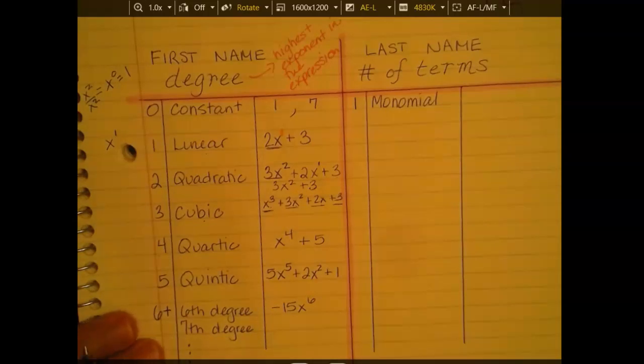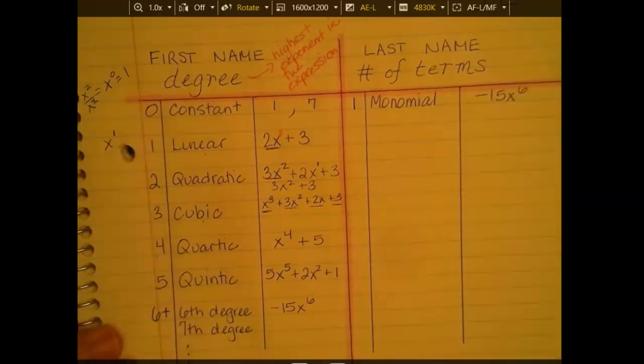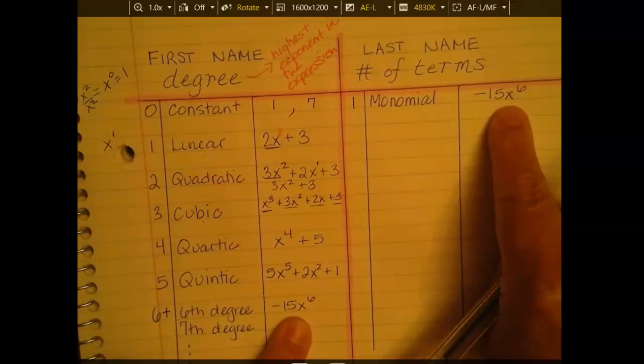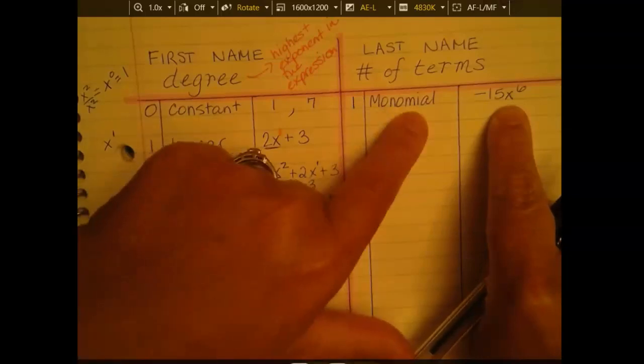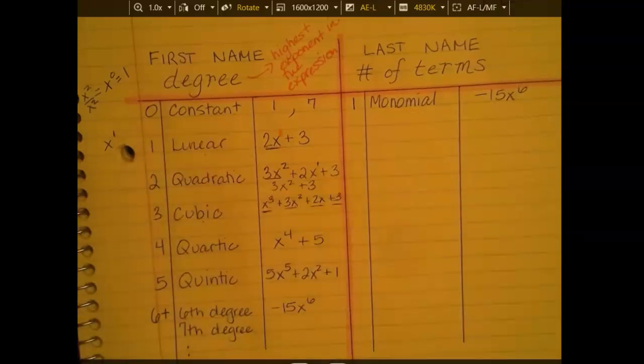Poly just means many. Monomial means specifically one, right? So negative 15x to the 6th power is a monomial. So since we have it here and here, these are its two names. Negative 15x to the 6th power's name is a 6th degree monomial. Does that make sense? So you assign it two names based on two of its attributes.